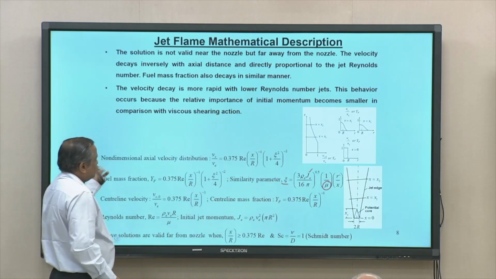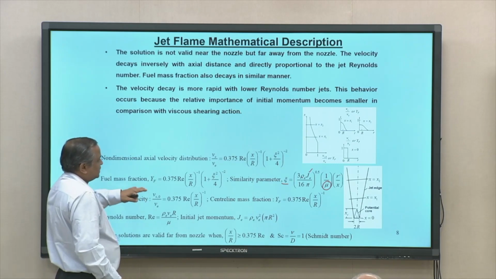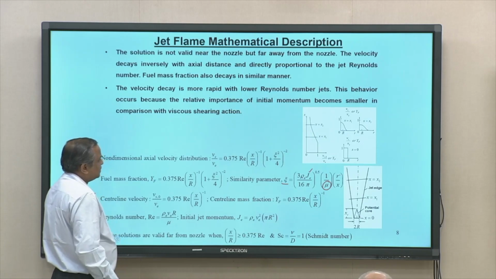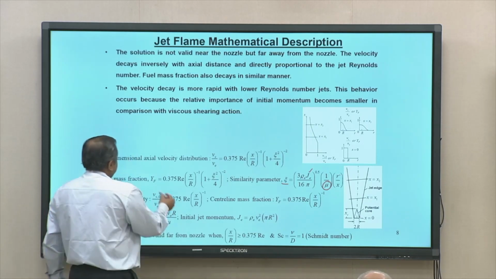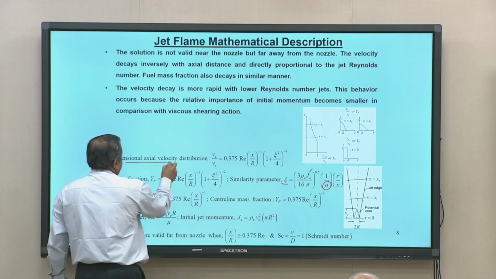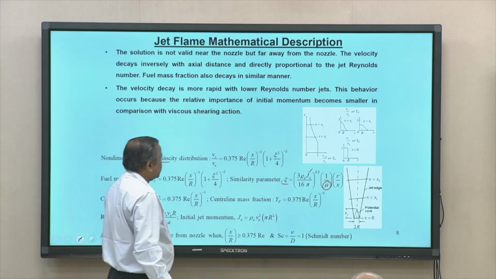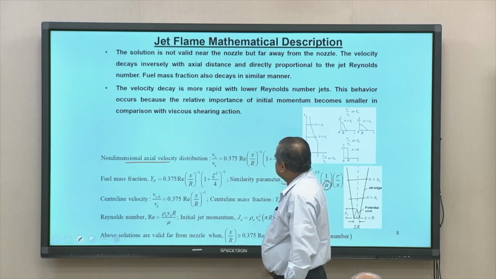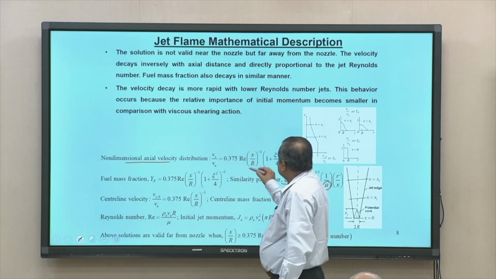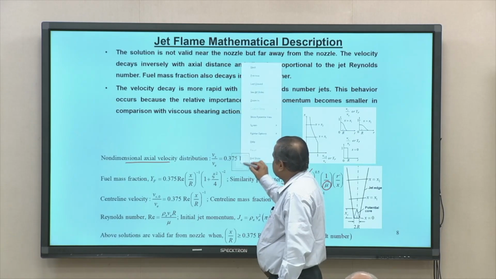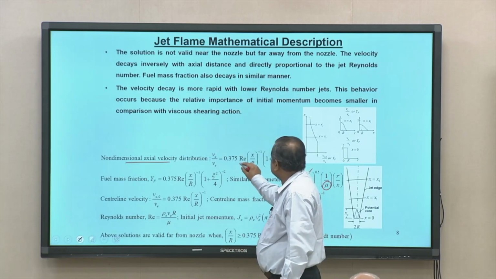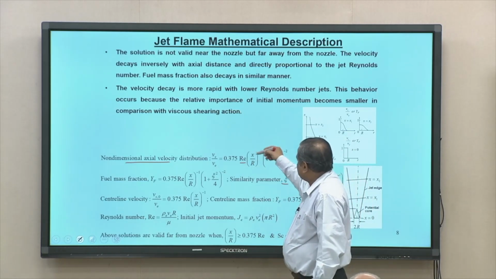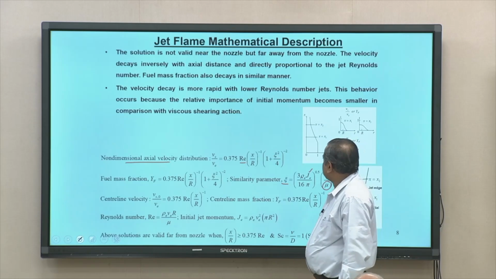Now, through this process, when all those governing equations are solved, it turns out to be in a fashion called the non-dimensional axial velocity distribution, which is Vx by Ve, expressed in terms of the Reynolds number and in terms of the ratio of X by R.